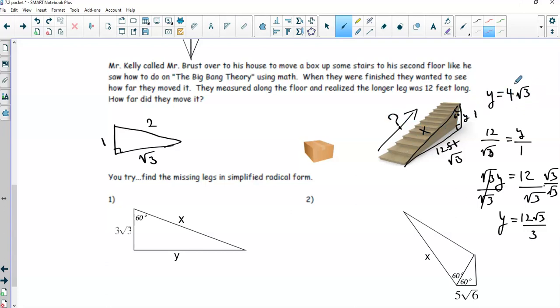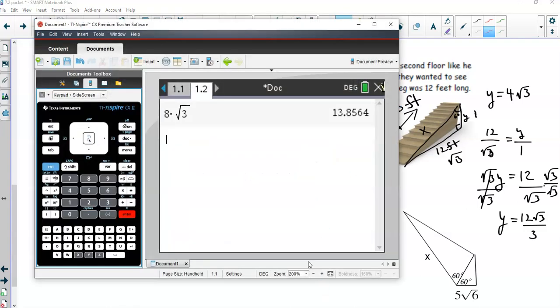So from here, all I have to do is multiply that by 2. See that? Because I'm here right now, I multiply that by 2. So 2 times 4, that's 8 square root of 3. So basically, they moved it up that many feet. How much is that? Well, on the calculator, I already figured that out. 8 times the square root of 3 is approximately 13.9.